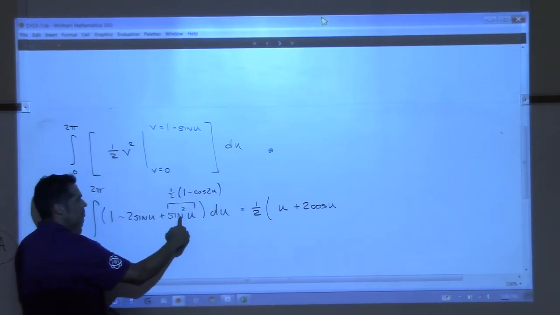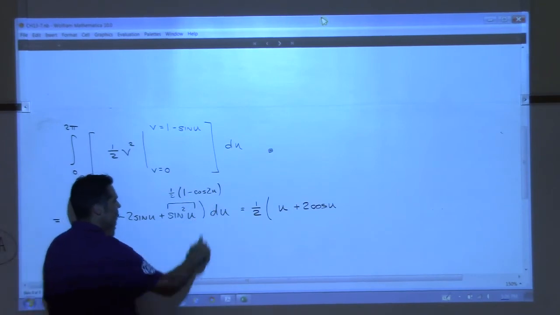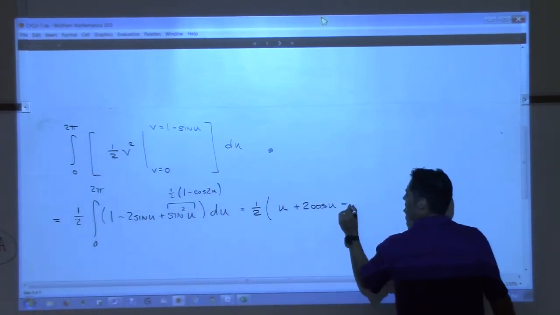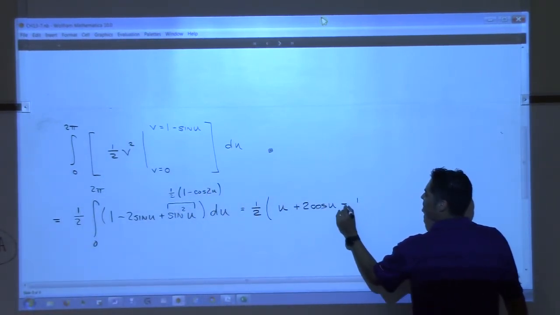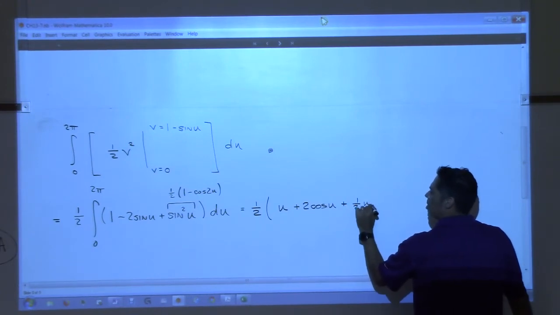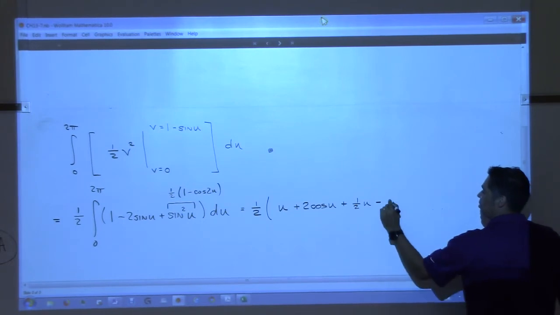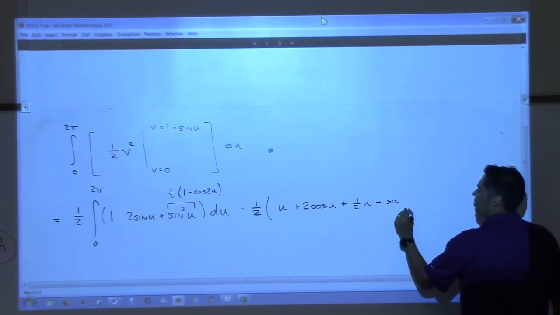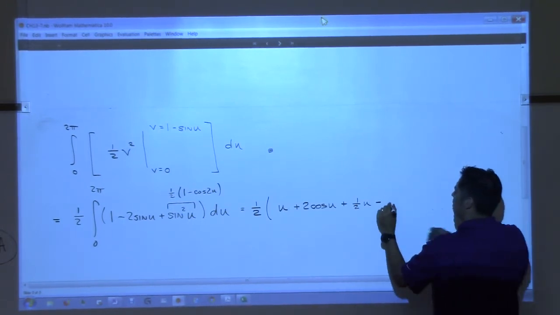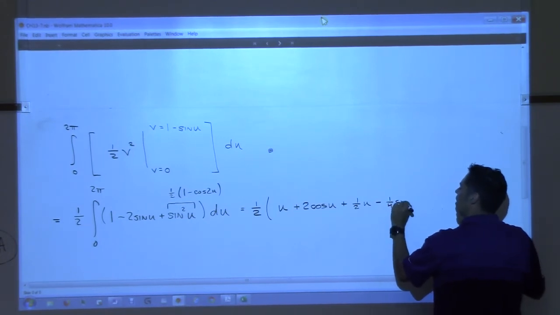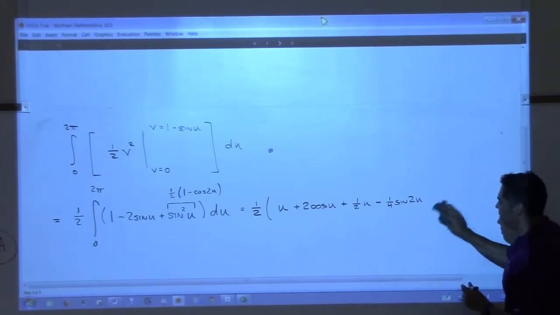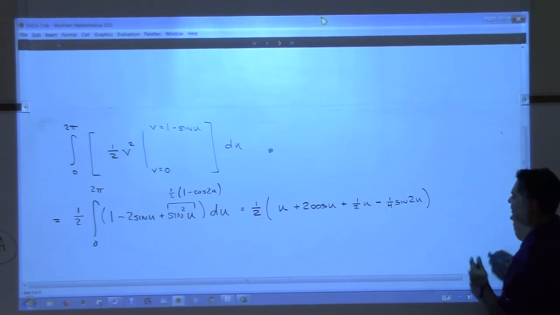And then integrate this. So when we integrate that, we should get plus half u, and then minus 1/4 sine 2u. Let's just double check this because my brain had turned off a little while ago.